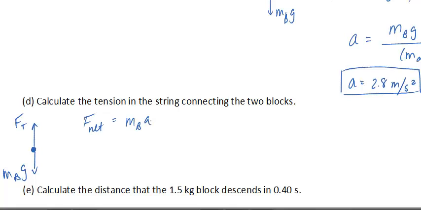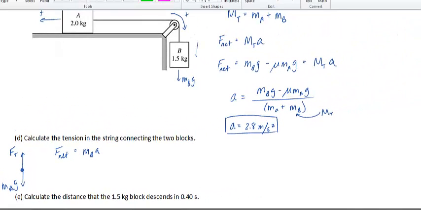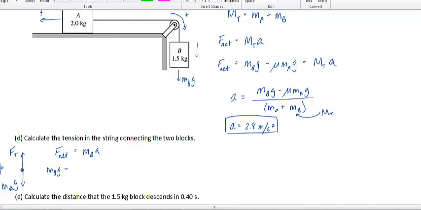Here, again, we're using Newton's second law just for mass B. You can choose whatever direction you want to be positive. Before I had down as positive, so I'll keep that. Then mass B times G minus the tension equals mass B times the acceleration.